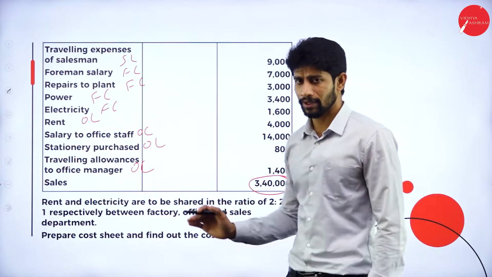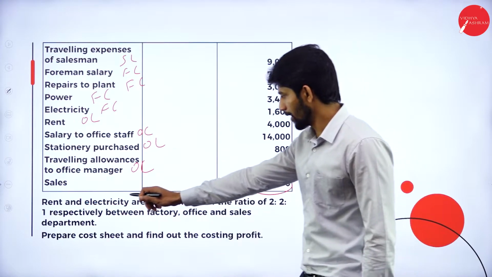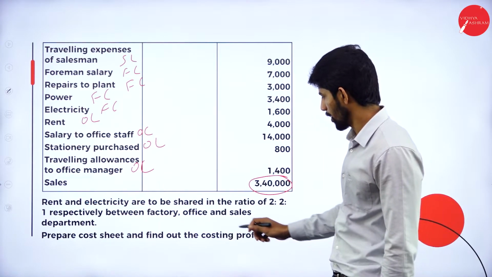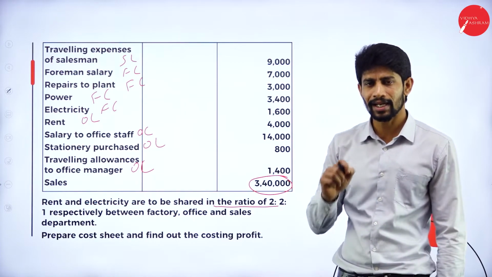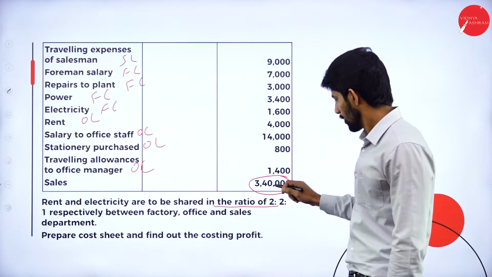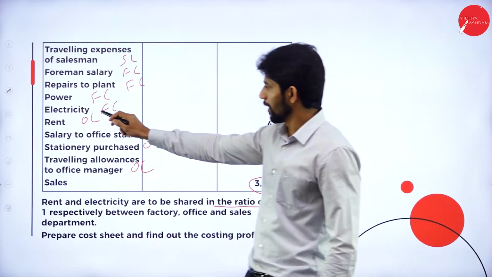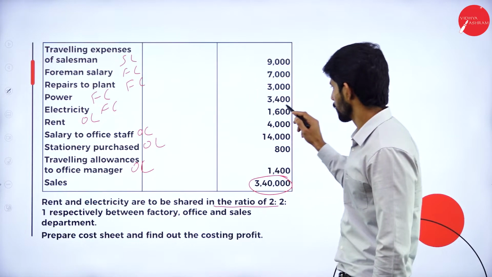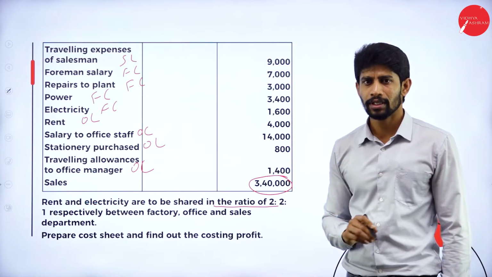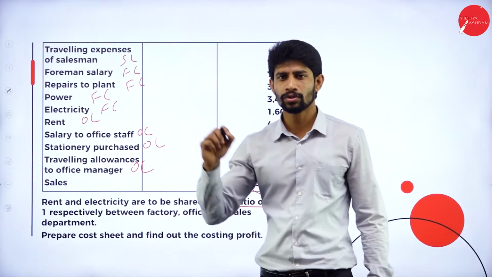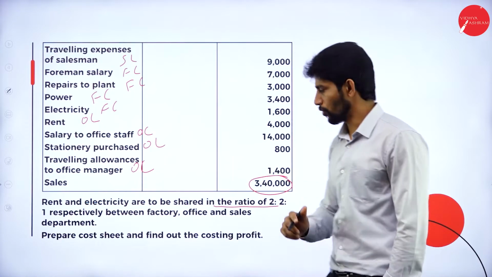So this is the information given in the problem, and they also gave additional information, that is, rent and electricity are to be shared in the ratio of 2:2:1. Electricity of rupees 1,600 and rent of rupees 4,000 should be divided in the ratio of 2:2:1 for factory, office and selling overhead.